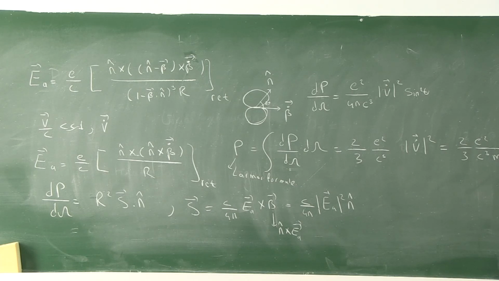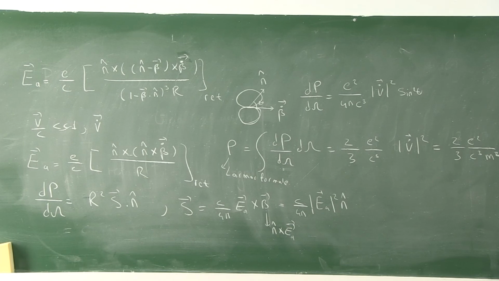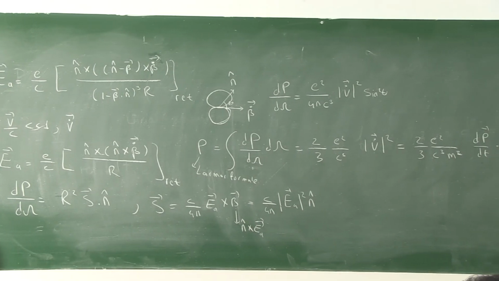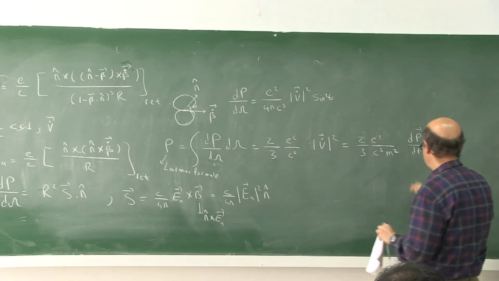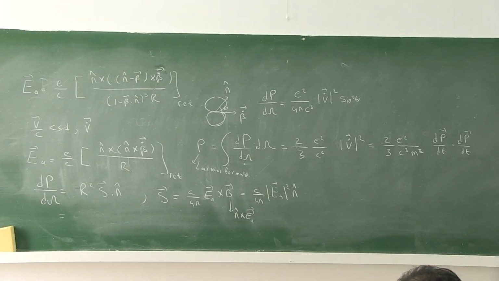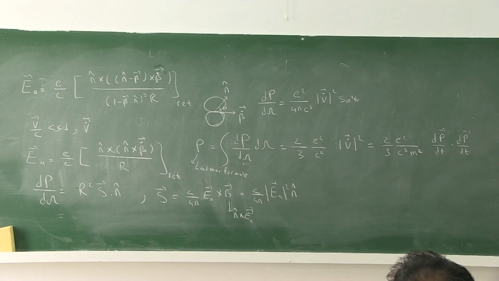This is nothing but the applied force on the charge in order to accelerate it, so the total power is related to the square of the applied force. So this is the non-relativistic Larmor formula.